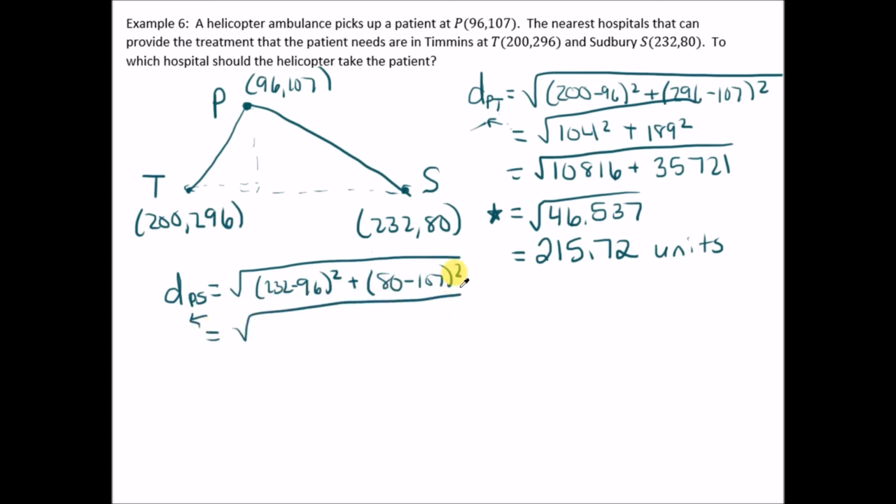And what do we get? For 232 minus 96, I get 136. Because I'm lazy, while this is already in my calculator, I'm going to square it and write it down: 18,496. And 80 minus 107 gives me negative 27. That's okay if it's negative, because when we square it, it's going to give us 729.